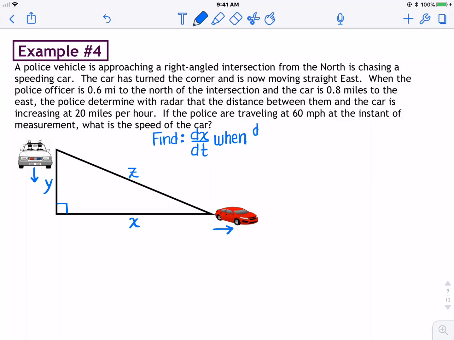So when the rate of change of z is 20 miles per hour, they also said that at that time, when the police officer is 0.6 of a mile to the north and the car is 0.8 of a mile to the east, the distance between them is increasing at 10 miles per hour.